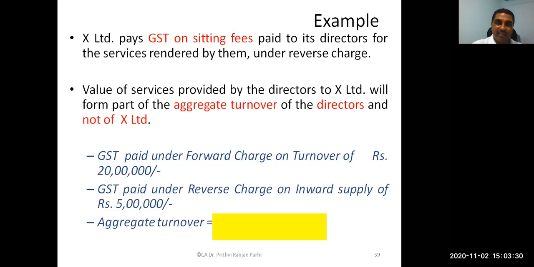In that case, the value of services provided by the director to X Limited will form a part of the aggregate turnover of the director. Why is it aggregate turnover for the director? Because for the director, that is an outward supply.